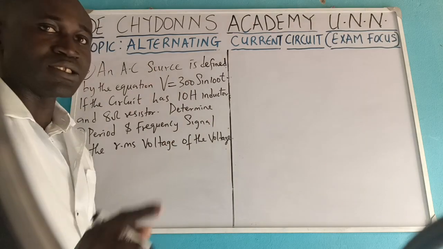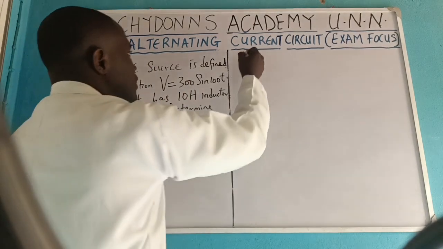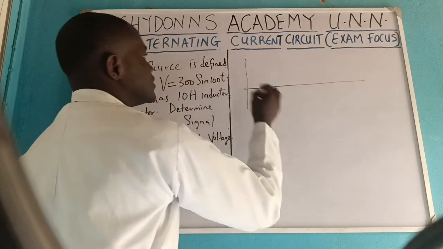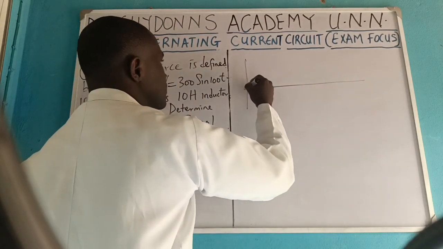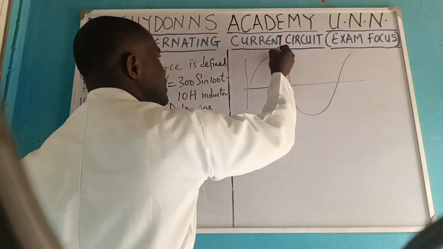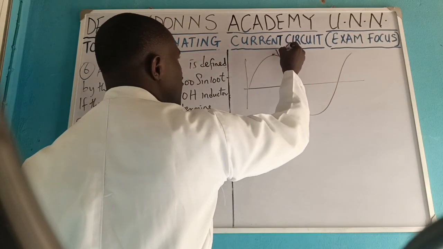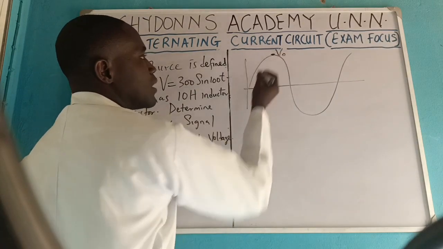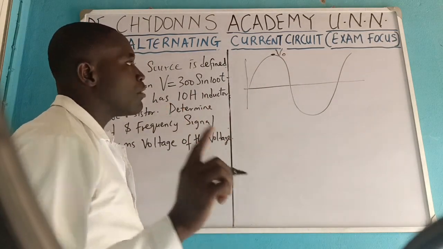Now if you are given this question, remember that when we discussed the theory of the alternating current circuit, we said that if this is the AC circuit, here becomes your peak voltage, or maximum voltage.